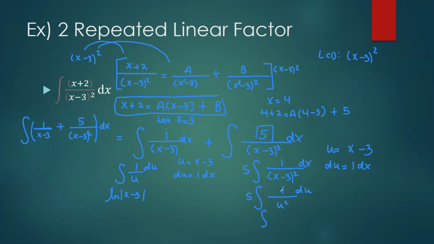So what you can do is rewrite 1 over u squared as a negative power, u to the negative 2. And then what is the integration of u to the negative 2? It would be negative 2 plus 1, so u to the negative 1 over negative 1, which is negative 1 over u. And then times that by 5, so that's negative 5 over u.